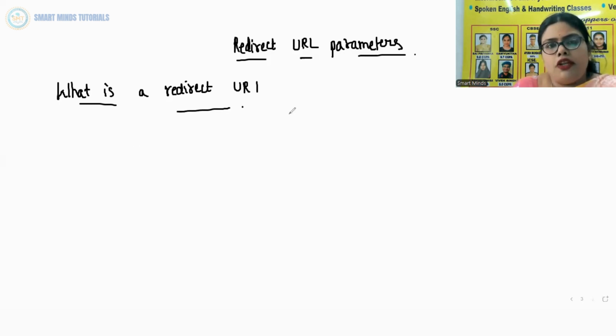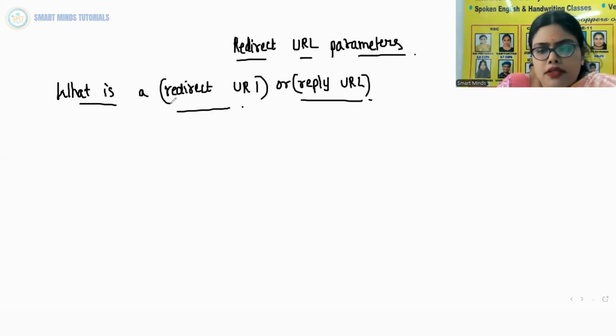So let us understand what a redirect URI is. A redirect URI and a reply URL are one and the same. It is the location where the Microsoft Entra authentication server sends the user once they have successfully authorized and been given an access token.